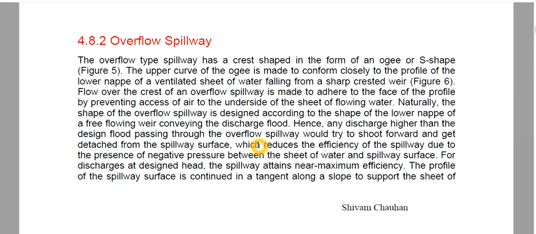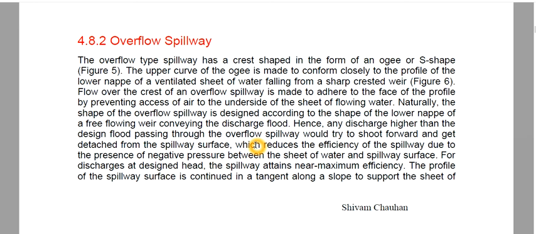Now we'll move forward to an overflow spillway. Overflow type spillway has a crest. Earlier in the free overflow spillway, there is a crest in form of a lip, and here is a crest shaped in the form of an ogee or S-shaped.